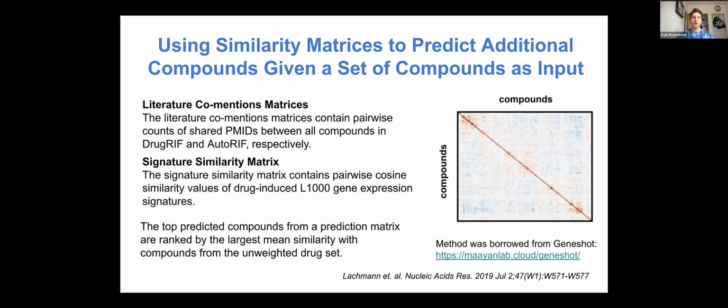And then we also have this more interesting signature similarity matrix, which contains pairwise cosine similarity of drug-induced L1000 gene expression signatures for approved and experimental drugs from the LINCS project. The top predicted compounds from the chosen matrix are ranked by the largest mean similarity values with the compounds in our associated drug set, which is like a reference set from the literature associated with our query term.